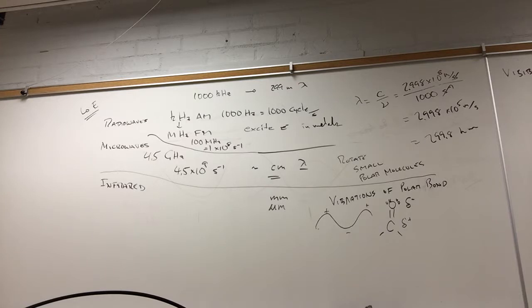That way you can guesstimate. For example, where's green, roughly? Green is kind of halfway between. This is 800, that's 400, so halfway is going to be around 600 nanometers for green. This is just a guesstimate, but it's better to know that than to not know anything.